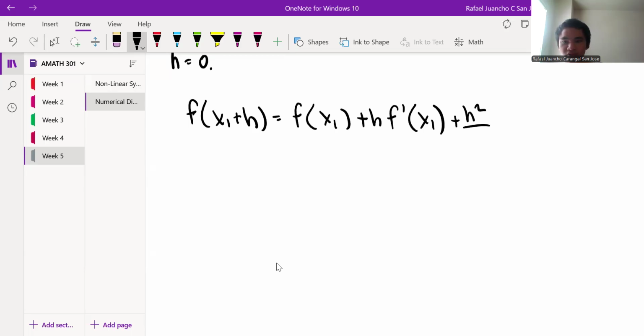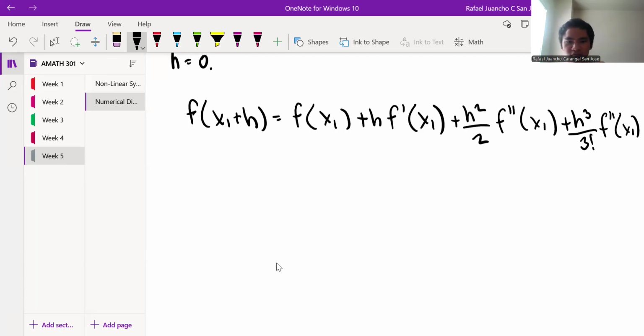Plus h squared over 2 times the double prime. And then h cubed over 3 factorial, f triple prime of x1. And then I keep on going. So this is h to the 4th over 4 factorial, times the fourth derivative of this thing. And I keep going here.